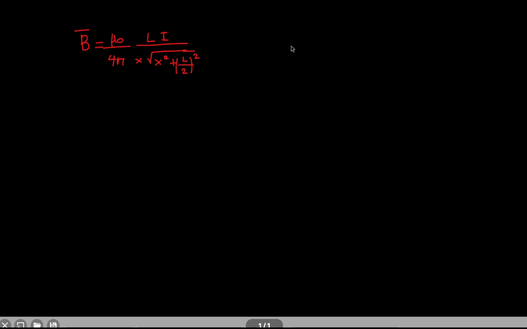I found, if this is a straight wire and there is a current I, and we are here at the midpoint of the wire, then the magnitude of B is given by this expression. You can always find the direction of the magnetic field using the right hand rule.